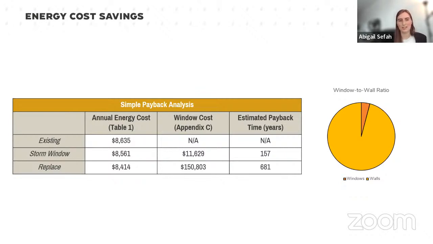Basically, this project, whichever option we go with, is not going to pay for itself within the life of the window products. And this comes back to our window to wall ratio and the fact that such a small percentage of this building was windows. So even if you made those windows the most thermally efficient windows on the planet, you still wouldn't have a drastic effect on the overall energy performance of the building.